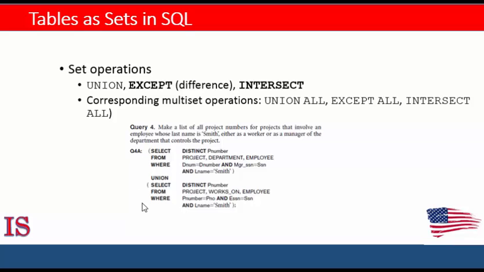The second select statement brings us a list of all of the workers on all of the projects whose name is Smith. The union operation between the two select statements gives us the desired result of listing all of the projects that involve an employee named Smith, regardless of whether they're working as a manager or as a worker.